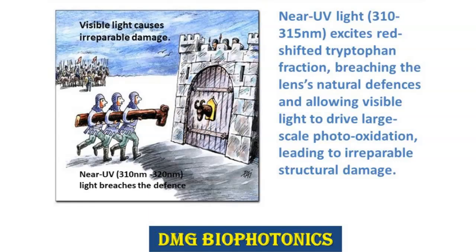Once this protective barrier is breached, visible light takes over, oxidizing the visible absorbing tryptophan adducts and triggering irreversible structural damage within the lens. To make matters worse, certain tryptophan adducts, such as N-formylkynurenine, are powerful generators of singlet oxygen, further accelerating the oxidative process.